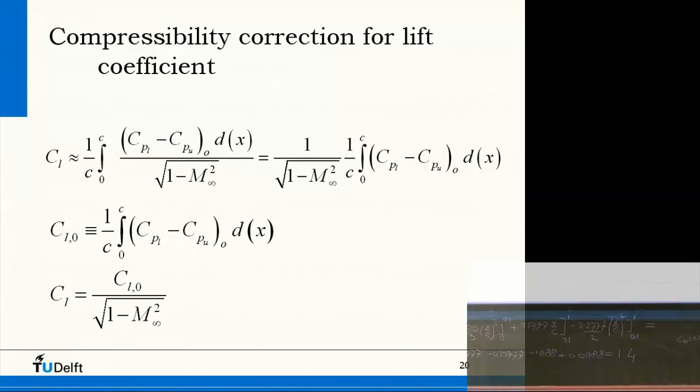And this is only valid up to Mach infinity about 0.7. Otherwise, if you apply at 1, you get an infinite CL. So it is only an approximation, and it's based actually on this line, the CP line, changing with a Mach number.